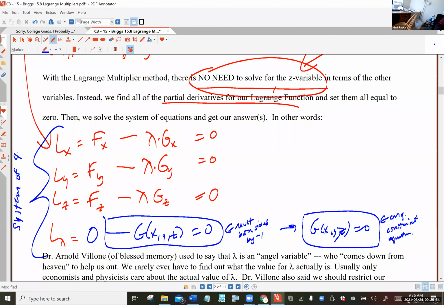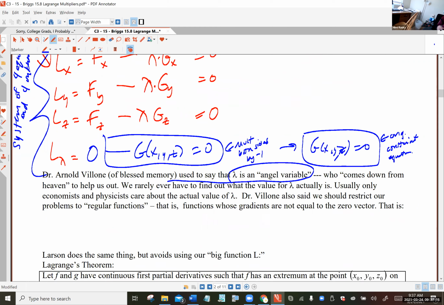Now, for those of you who are like, oh my God, I'm not even that good at solving 2 equations and 2 unknowns, here's some good news for you. Nobody ever asks you to actually solve for the lambda. Very few people care what the lambda is. Instead, I want you to think of lambda as being an angel variable who comes down from heaven to help us out, and then when he's done, he goes back to heaven and we're good.